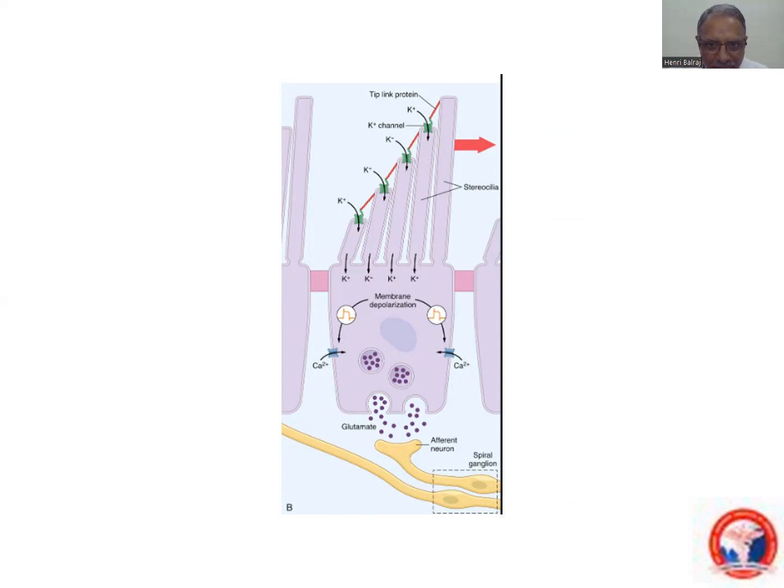This is the direction of movement, and this is the tip link protein that is connected to the potassium channel in each one of the stereocilia. So we have the potassium channel, and potassium influx occurs into the hair cells. Potassium is a cation and brings about depolarization of the hair cell, and the depolarization opens up voltage-gated calcium channels.